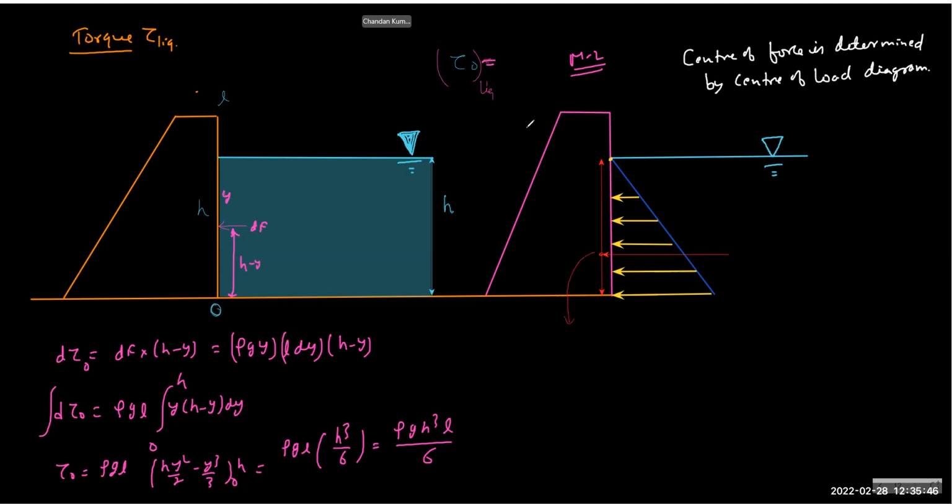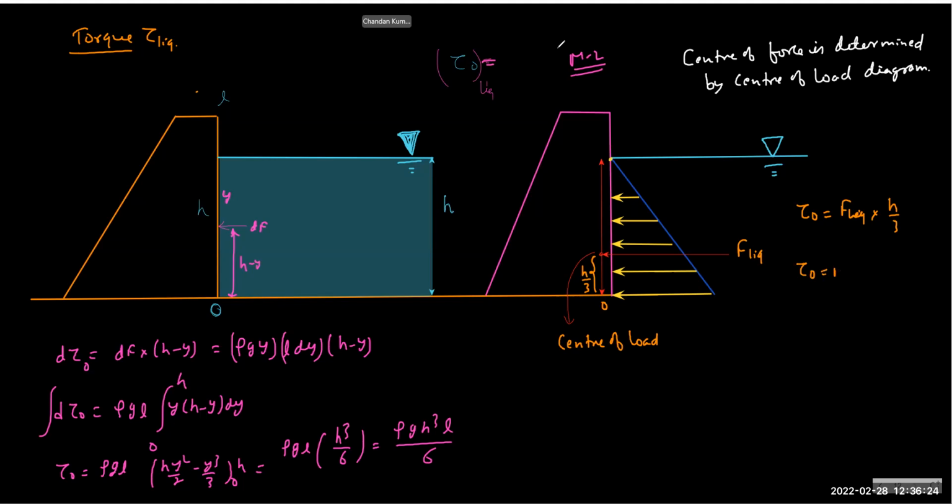Because the load diagram is a triangle, we call it h by 3. So the net force we can think to be concentrated here. So the force due to the liquid that we have already calculated, we'll assume that it is acting here. And therefore the torque about O we can just write as F liquid into h by 3, and then we're done.